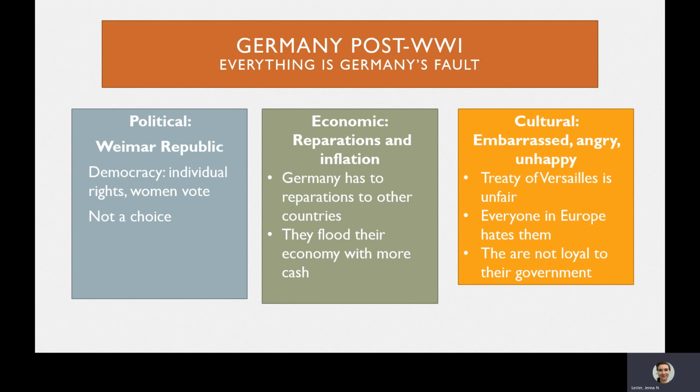They also hate it because they blame that government for not fixing all of their economic problems, which leads us to reparations and inflation. Germany has to pay all of that reparation to other countries, so they flood their economy with more cash, which is called inflation.